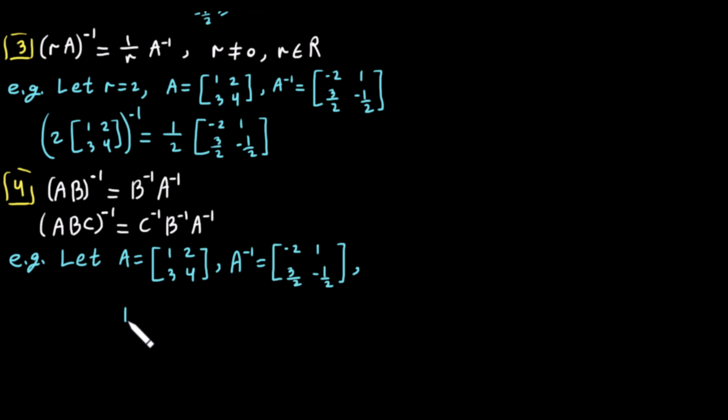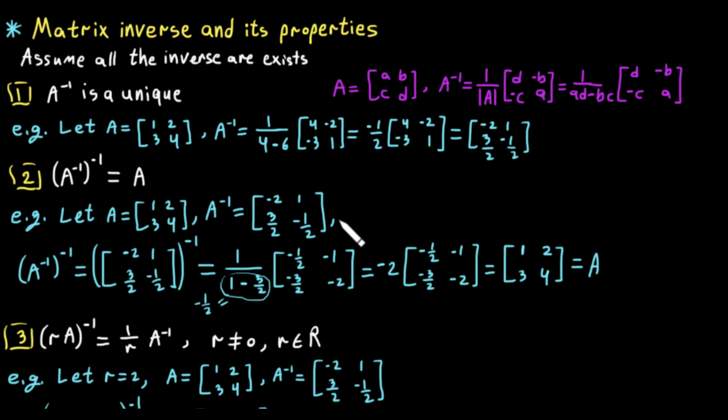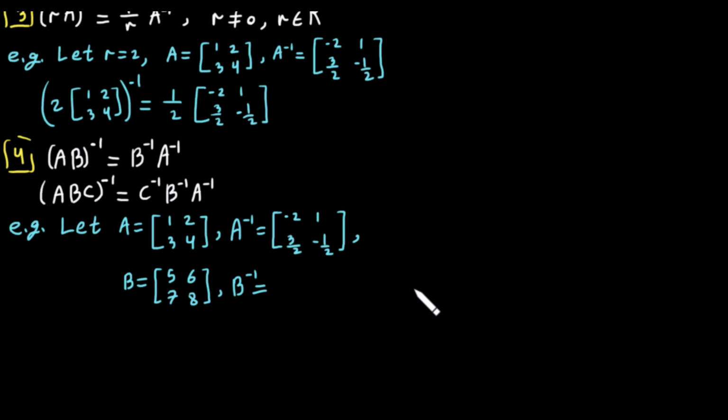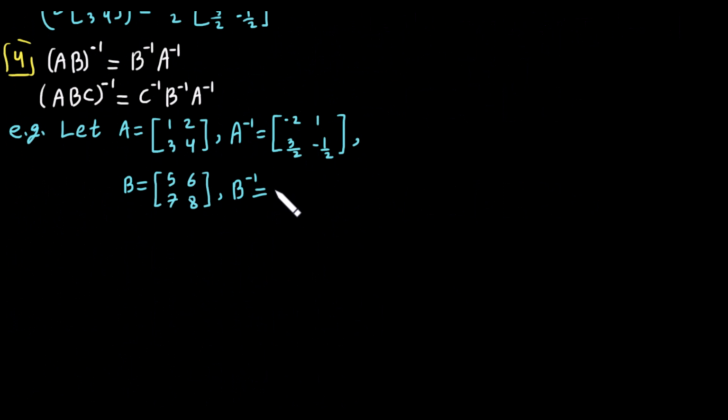Now let's consider B equal 5, 6, 7, 8. B inverse, the same formula which we have done here. I will use this formula to find B inverse. So 5 multiplied by 8, which is 40, minus 6 multiplied by 7, which is 42.